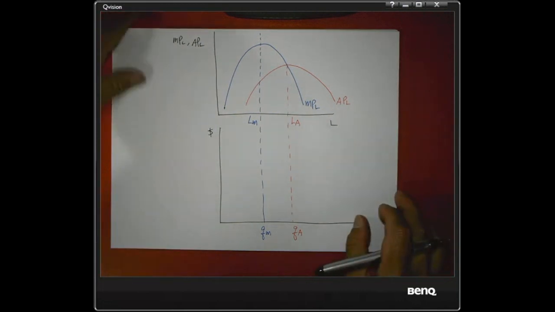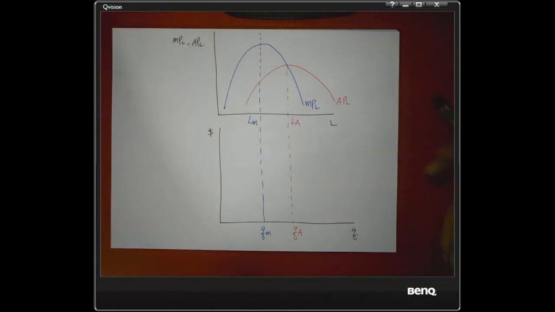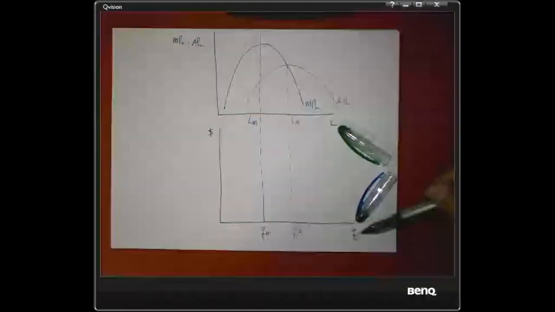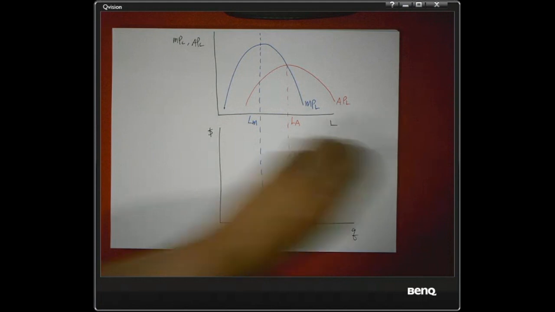And now, how can we stack up labor and output? So these are two different variables. How can we stack them up like this?